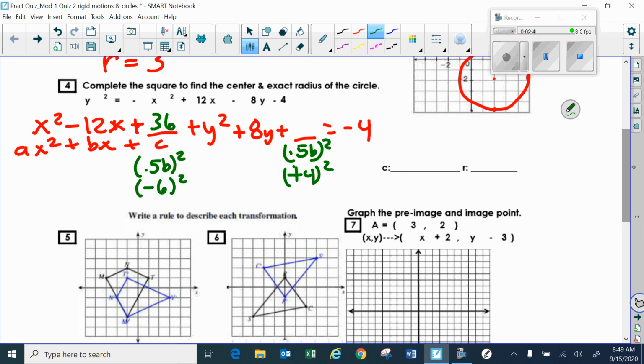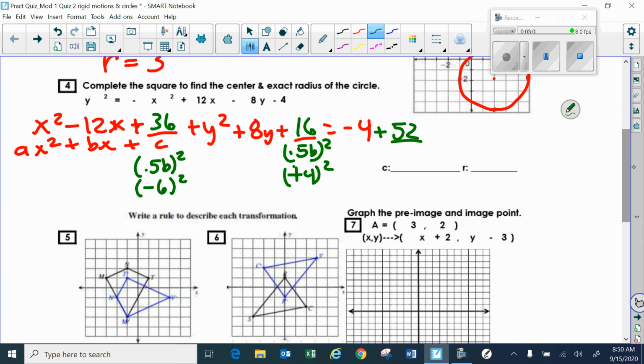You remember you can just move it on down when you complete that square to make it a perfect square trinomial. 4 squared is 16, and therefore I have a plus blank over here. I added 52 to the left side, so I must add 52 to the right side.